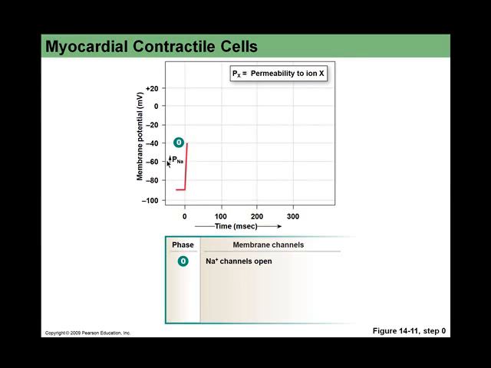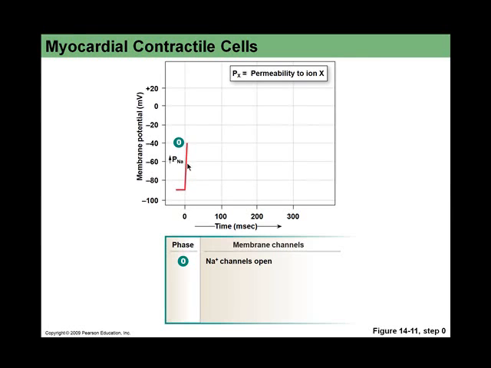Okay, so the first event that's going to occur is an increase in the permeability of sodium. So there are specialized membrane channels that leak sodium, and this contributes to that transient membrane potential.